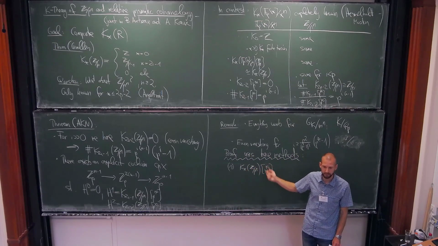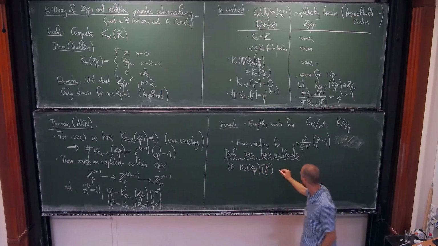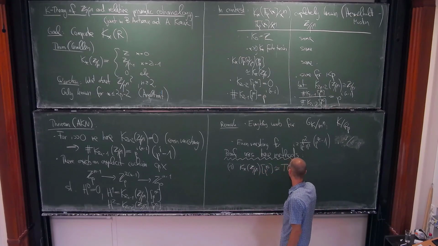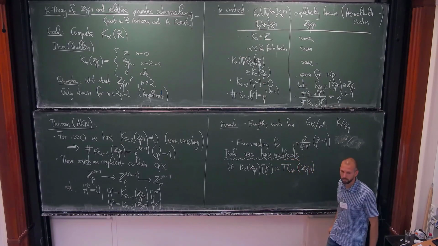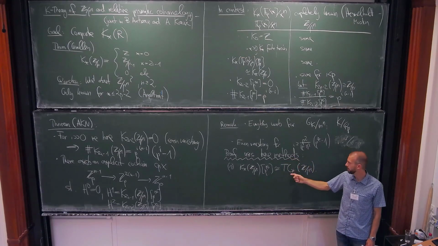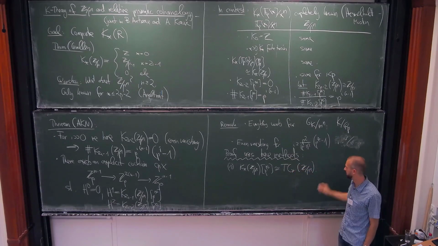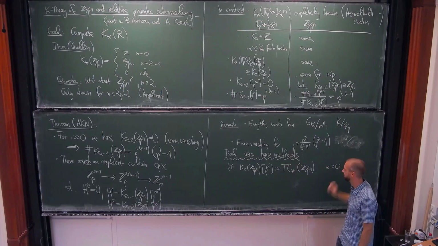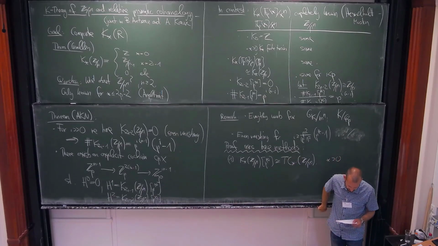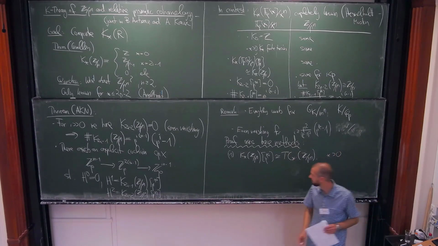We're talking about finite groups. And then this is isomorphic to TC_*(Z/p^n), by Quillen and McCarthy. So immediately here we can translate everything into a statement about TC, for * larger than 0. And so we're really proving something about TC.